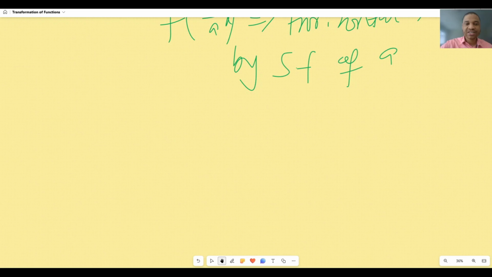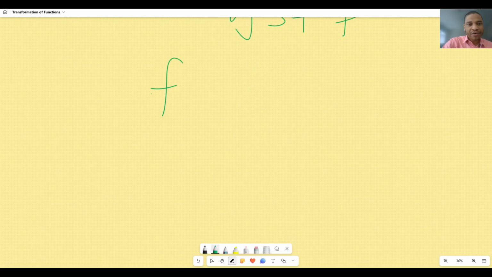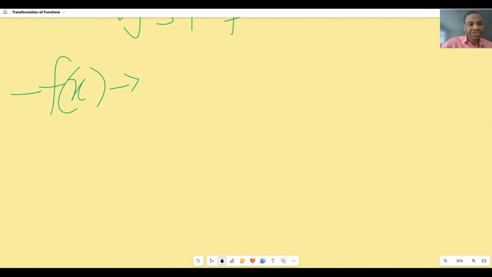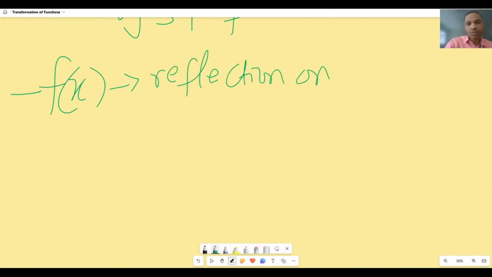Then we also have f of x. If I have a negative f of x, what happens? This is a reflection on the, sorry, x-axis here.